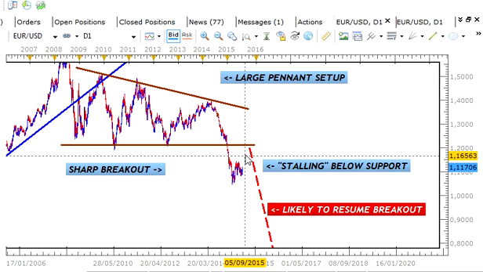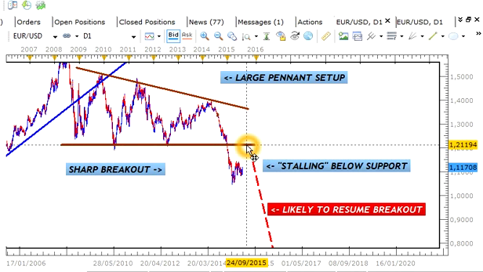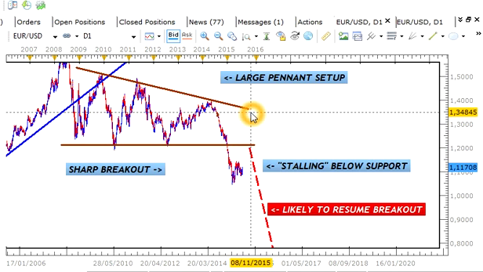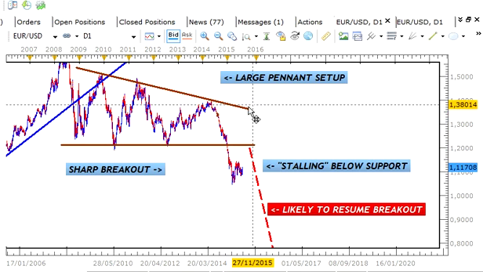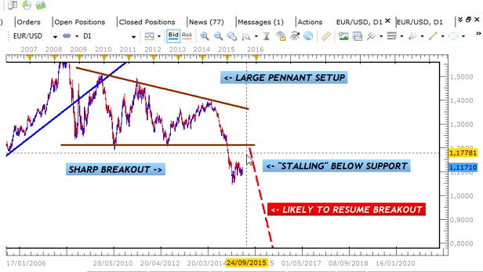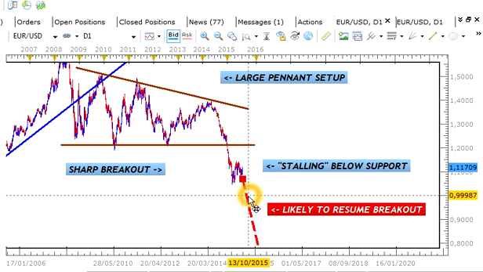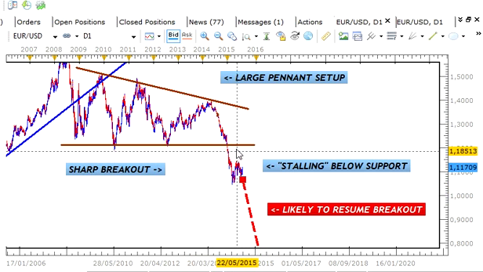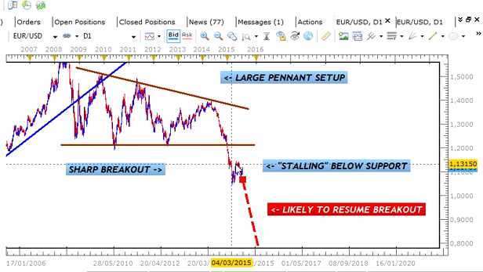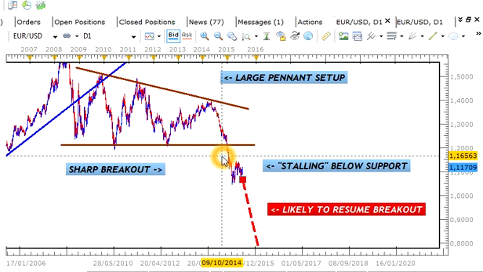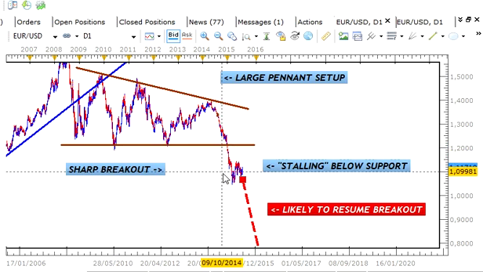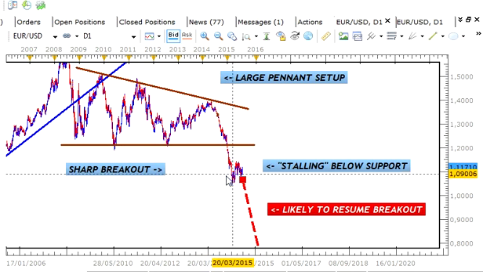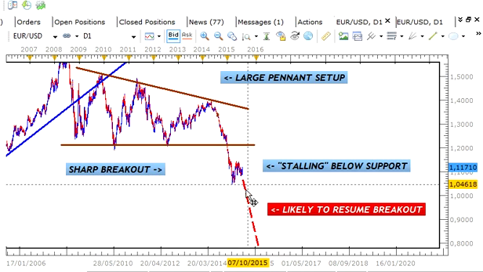So we could see the market rally to the support boundary and then head back inside towards the resistance boundary here. But based on the strength of the breakout and the large distance that the market has already broken below the support boundary, the bias is definitely on the downside in favor of the US dollar over the next couple of months.